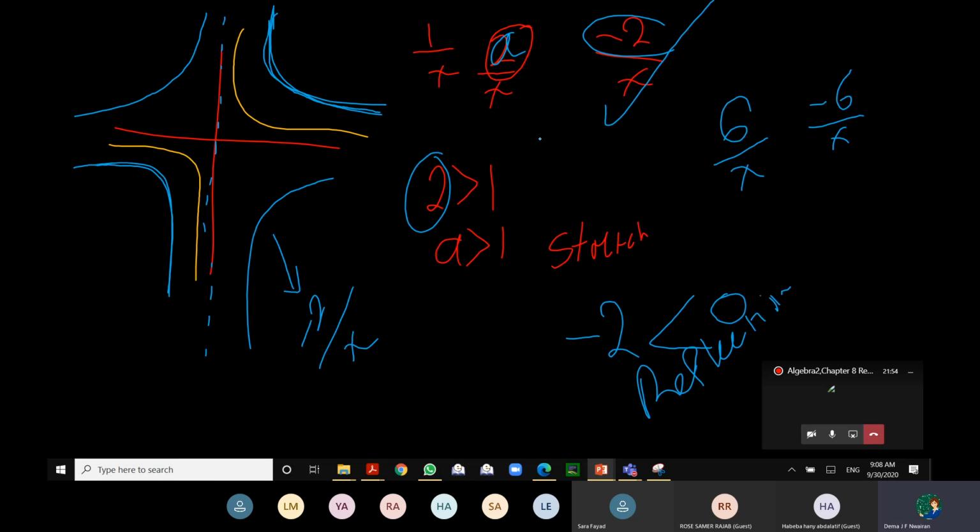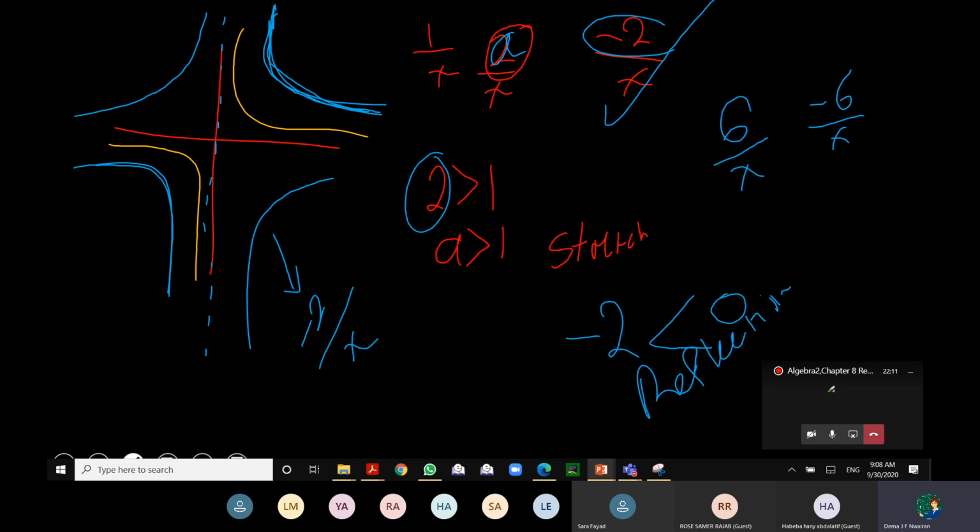How the reflection will be, look at the yellow one here and put a mirror and try to make a reflection on it on the quadrant number 2. Here, my first graph is in quadrant 1. The reflection will be in quadrant 2.